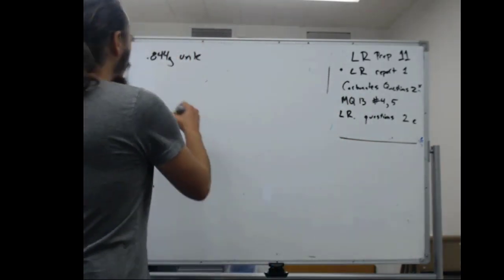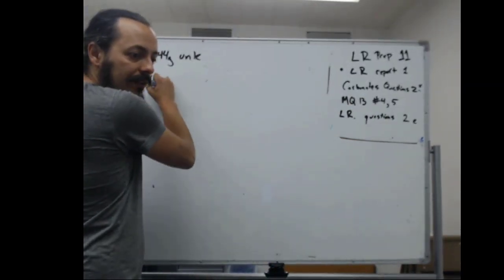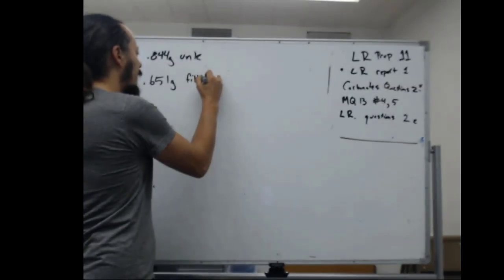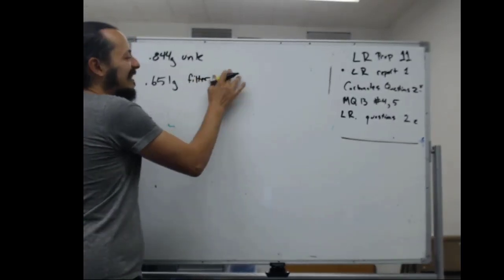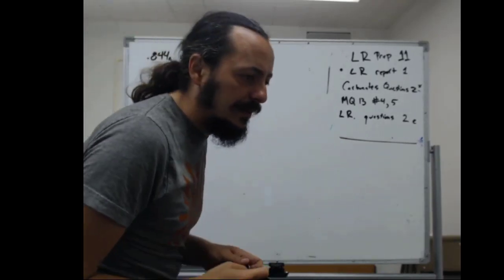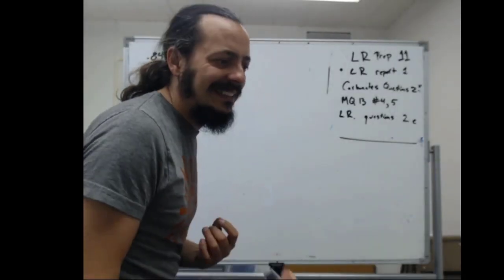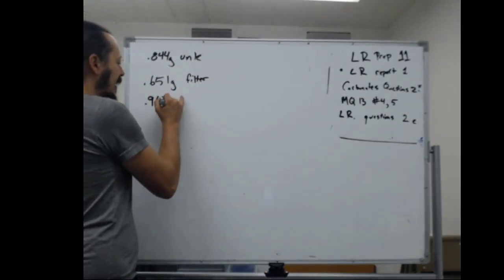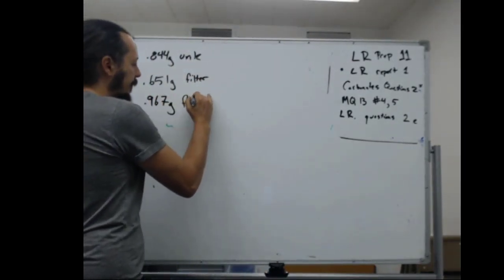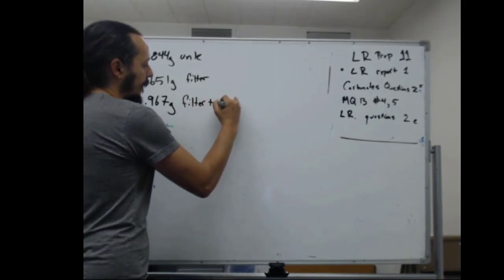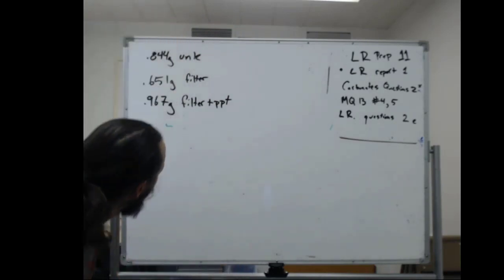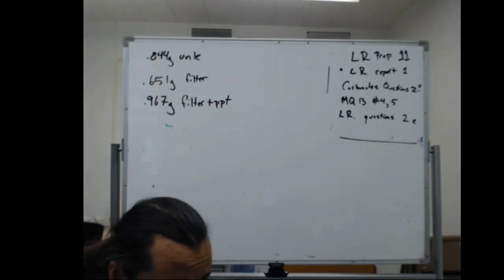My filter paper weighed 0.651 grams. That's because it's too hard to scrape the solid off the filter paper. I set it out, I let it dry, and I get 0.967 grams of filter paper plus precipitate. And that's pretty much all the data we have.